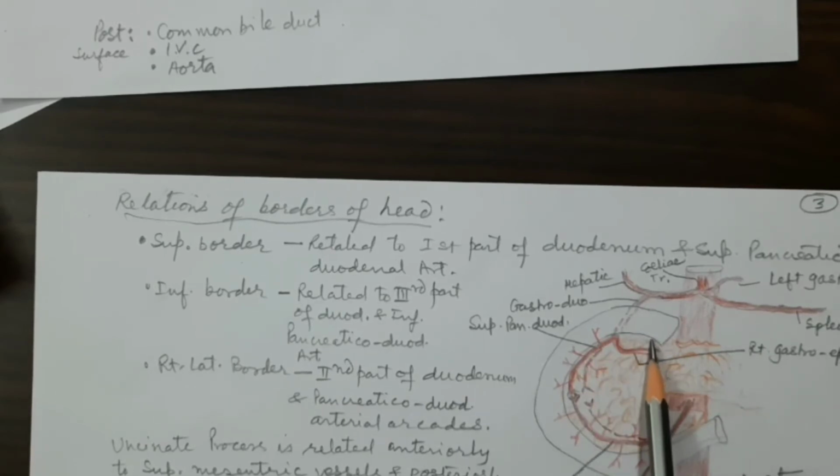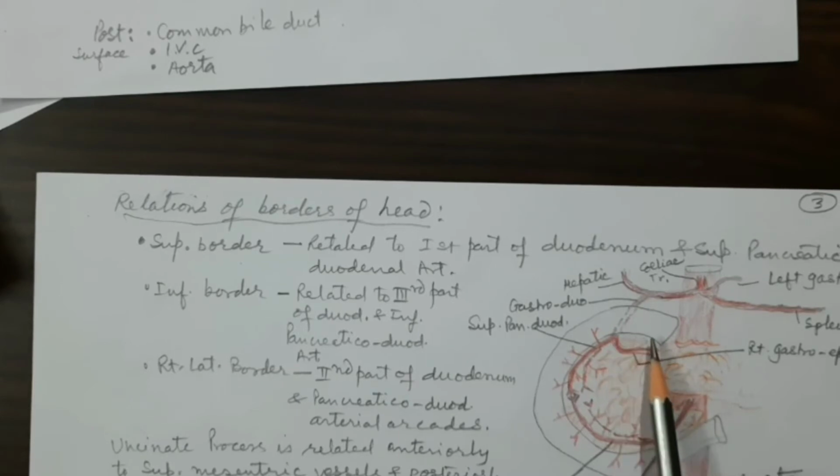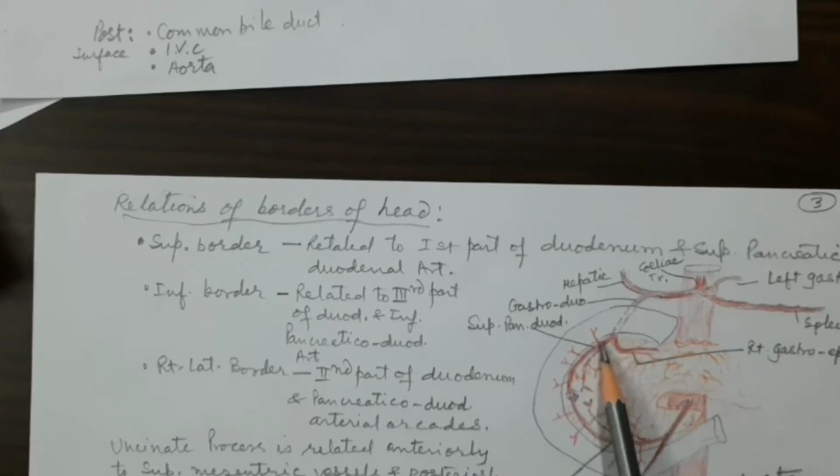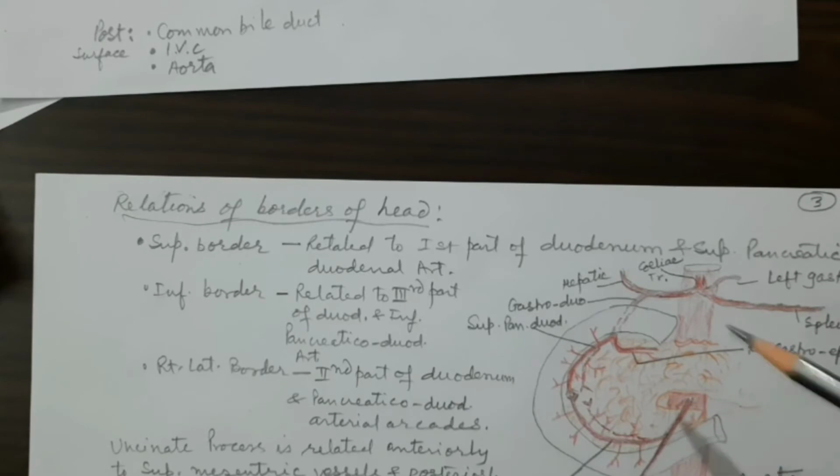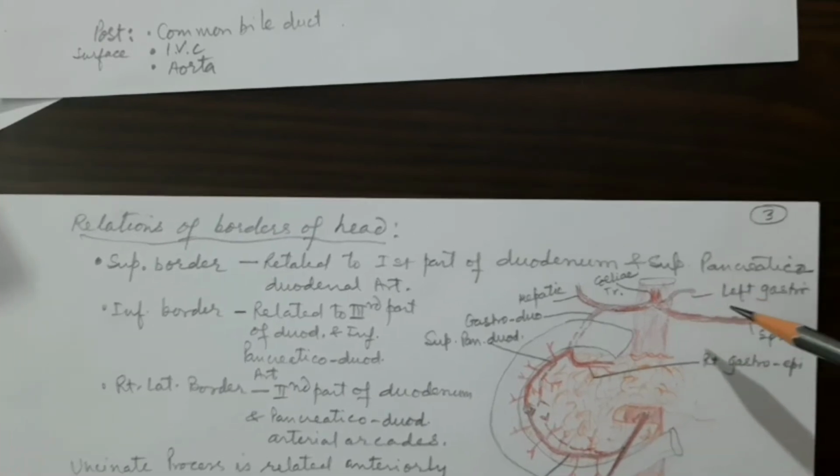So the superior border of the head of the pancreas is related to the first part of the duodenum and the superior pancreatico-duodenal artery. Let us see from the beginning here.